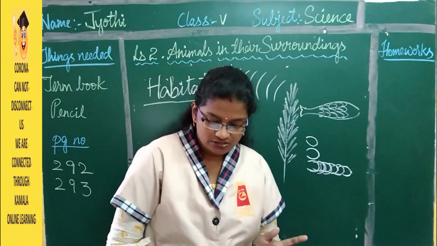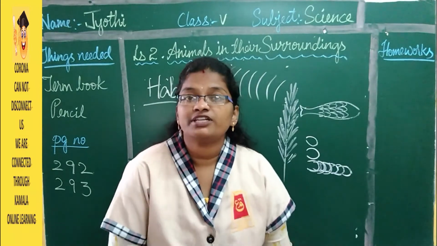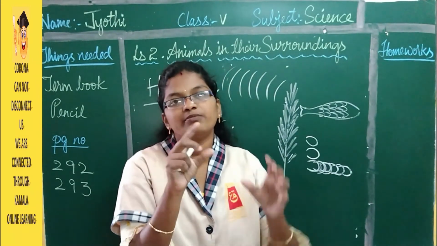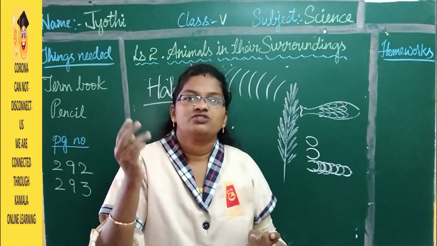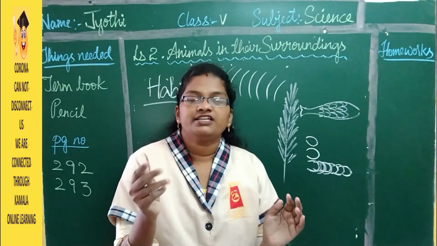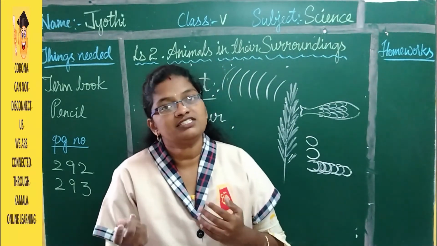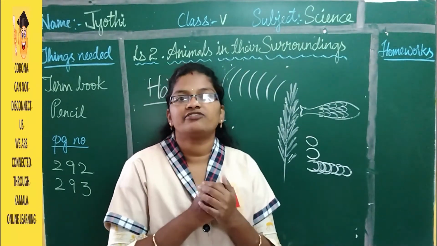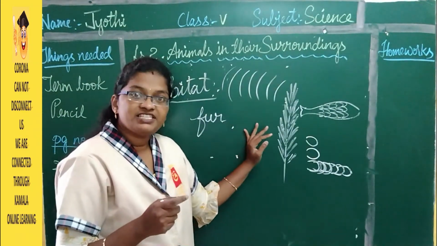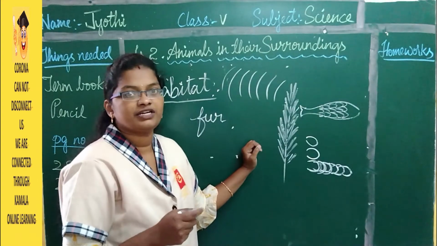And another animal which is very familiar to you is the chameleon. It is like a lizard but a little bigger in size. So on whichever surface it is, the body is going to change its color into that surface color. For example, if the chameleon is on the board, it changes its color completely into green color.